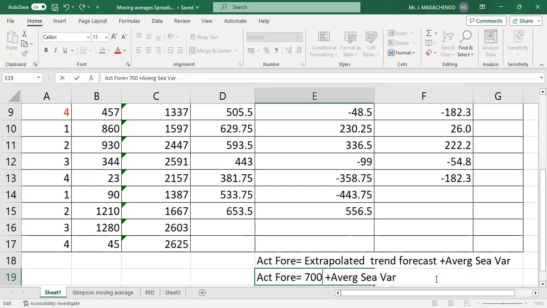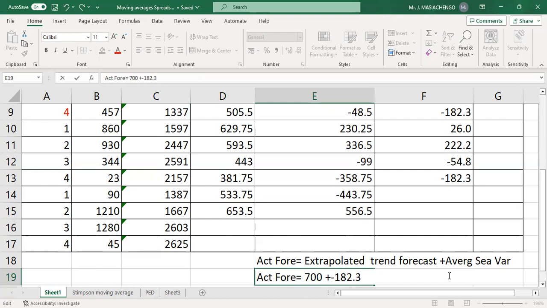We say 700 plus our average seasonal variation. In this case, we are going to add plus minus 182.3. This is how we get the actual forecast.